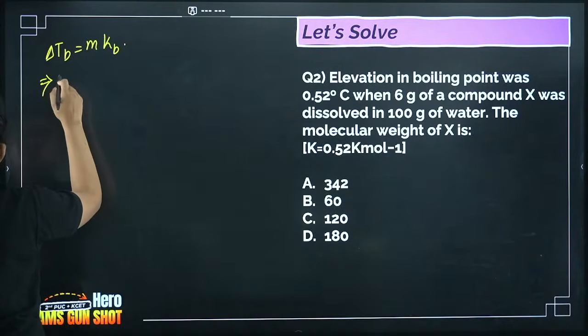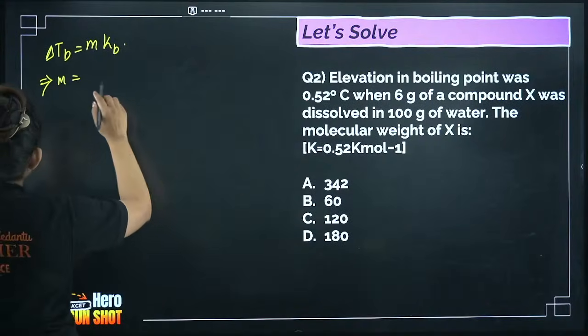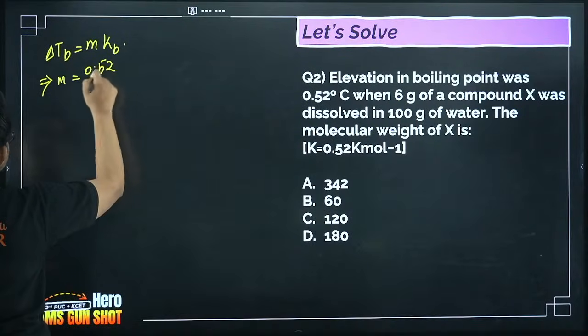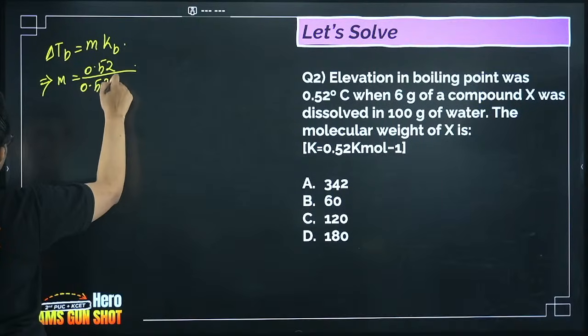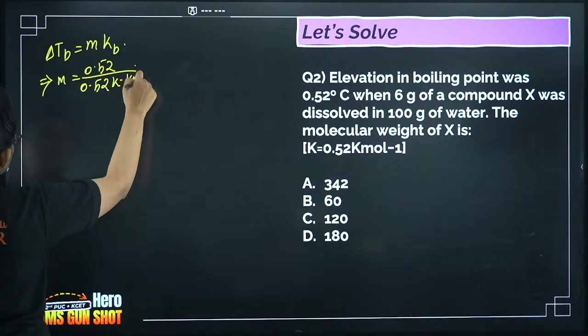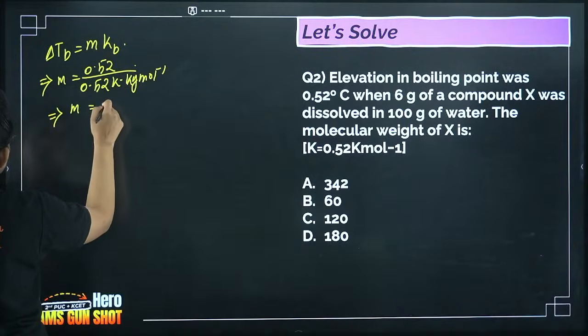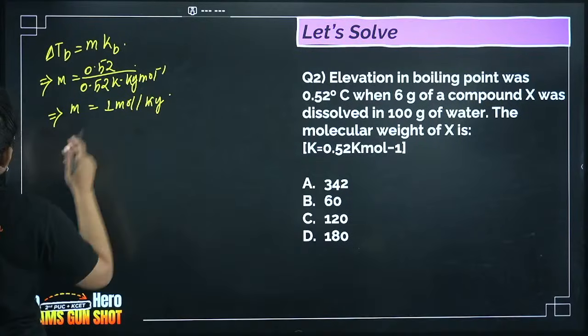So from here molality is coming something like, I am just trying to make the calculation a little easier for you, that is 0.52 degrees Celsius divided by 0.52 Kelvin kg mole inverse, right? So m will come as 1 mole per kg, right?